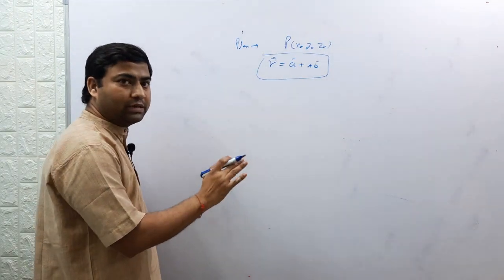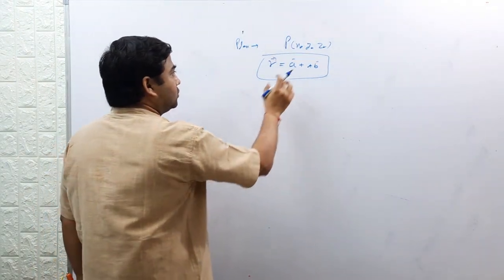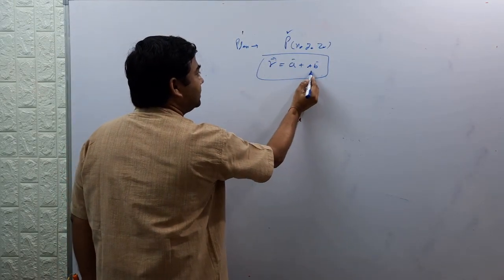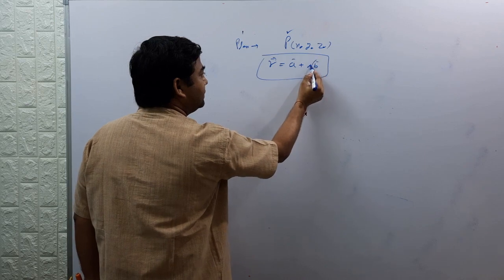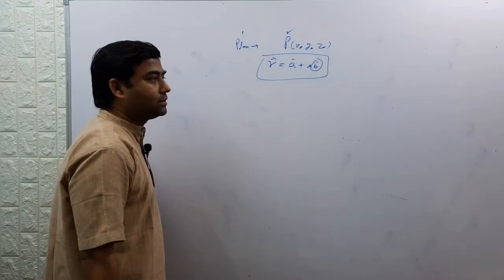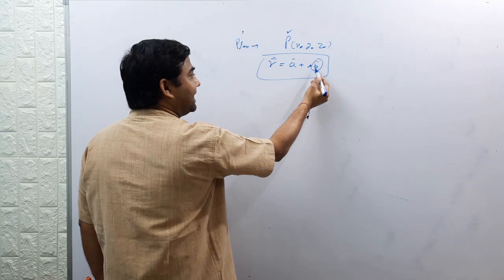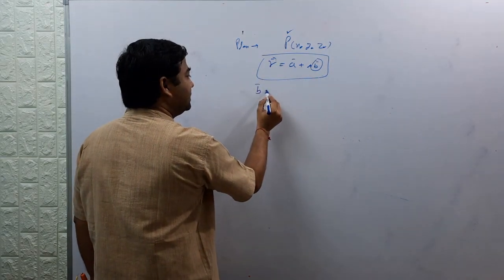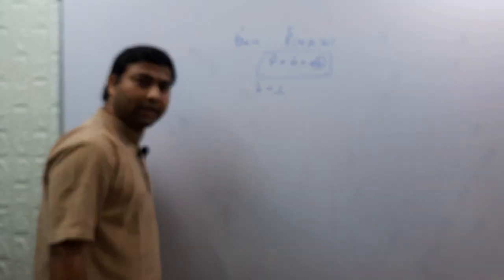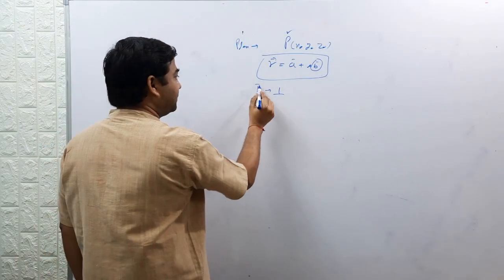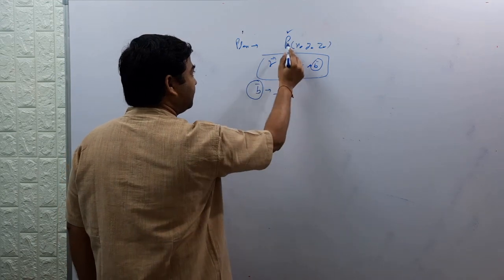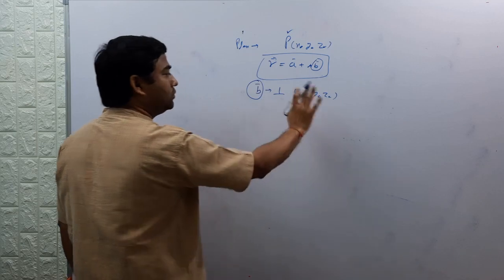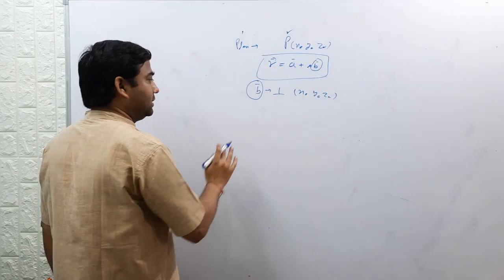We have to find the equation of that plane. So we have one point, and from the equation of the line, vector b is parallel to the line. As the plane is perpendicular to the line, vector b is perpendicular to the plane. So we have found a perpendicular vector and a point x0, y0, z0. Now we have to find the equation of the plane.